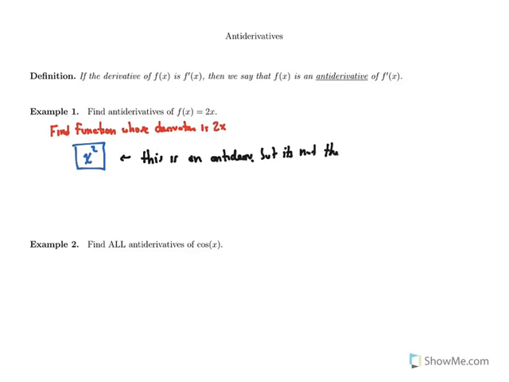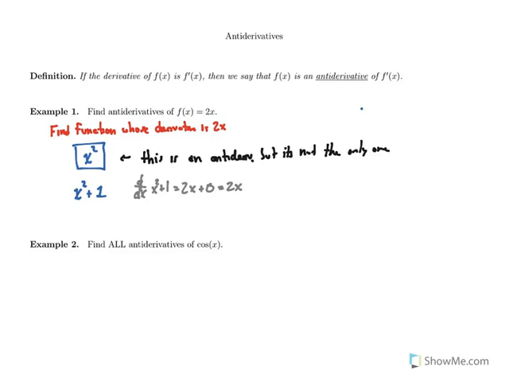So whenever we talk about antiderivatives, we're going to be talking about more than one function. So for instance, another antiderivative is x squared plus 1. Because if you take the derivative of x squared plus 1, you get 2x plus 0, which is 2x.